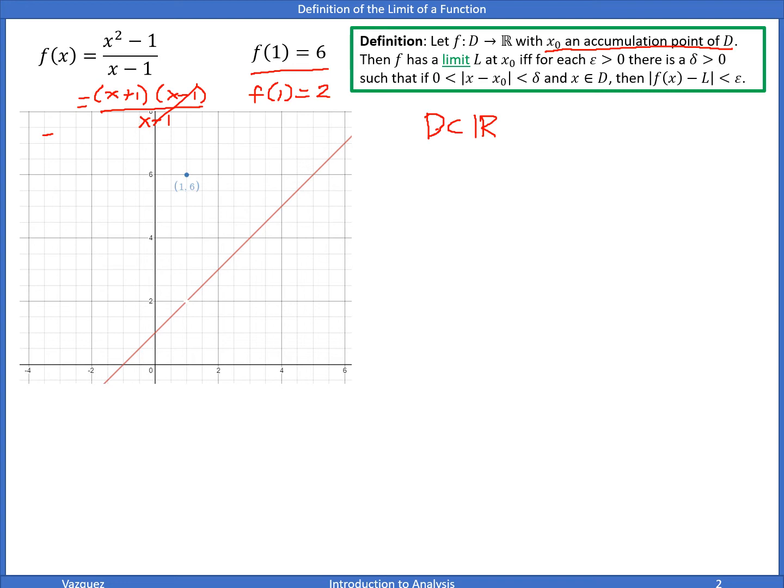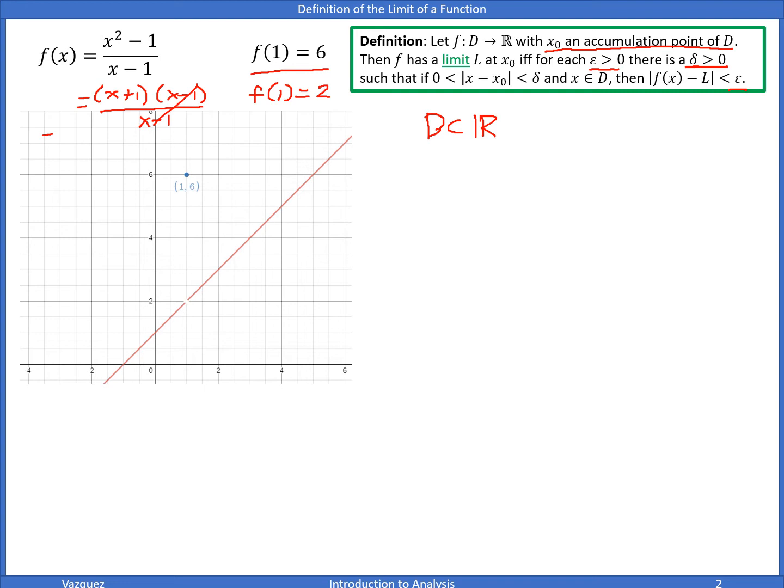Now here, epsilon is the desired degree of closeness, right? Chosen in advance. And to fulfill this definition, we must find a delta greater than 0, which generally depends on epsilon.